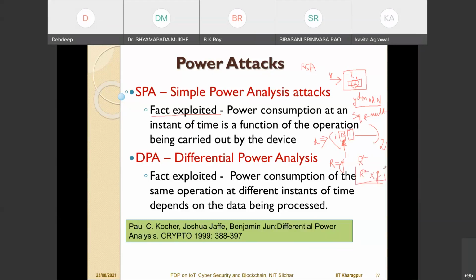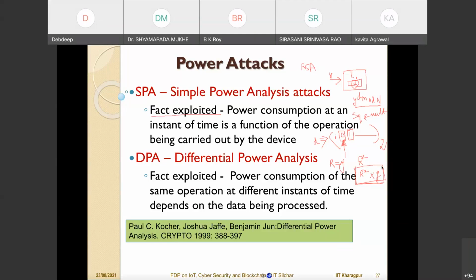Note that this extra multiplication is done only when your secret key bit is 1. Now if you look at what is written in this slide, it says that the power consumption at an instance of time is a function of the operation being carried out by the device. That means the power consumption of a multiplication and of a squaring operation are different.